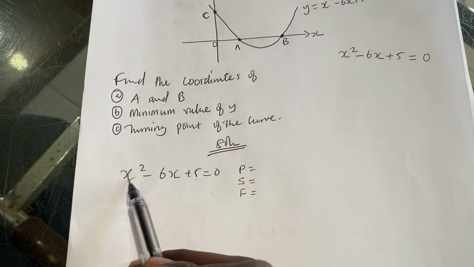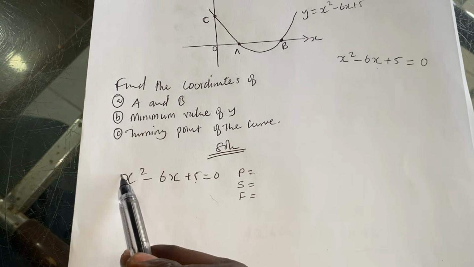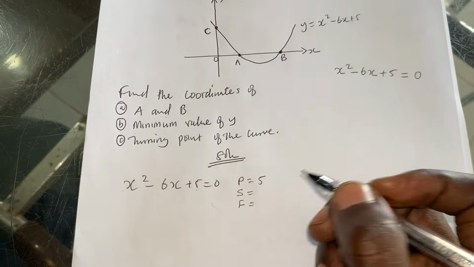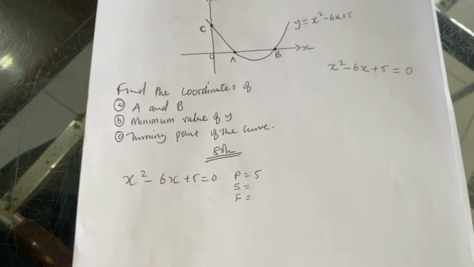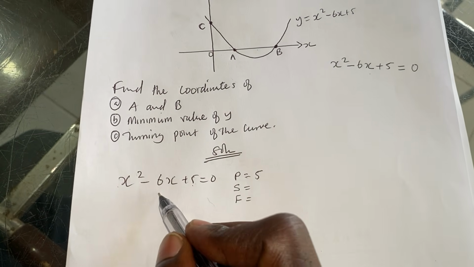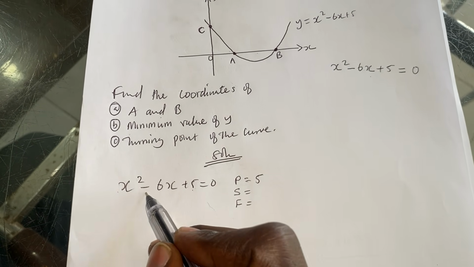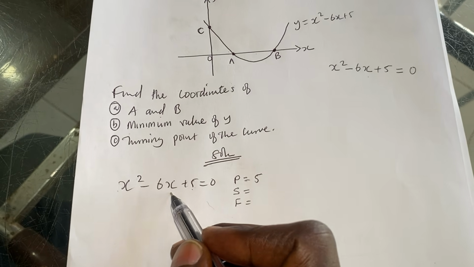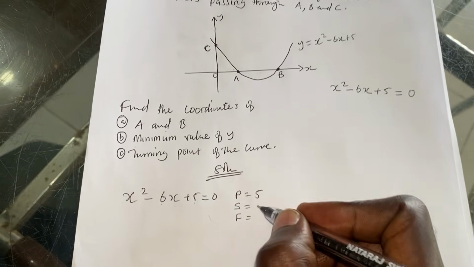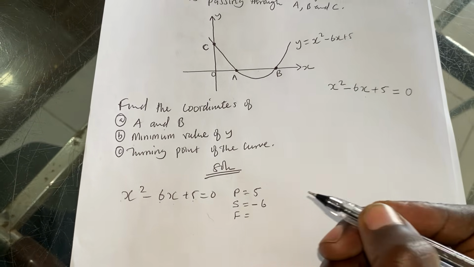The coefficient of x squared is 1, so it will be 1 times 5, which is 5. And our sum is the coefficient of the middle term. The middle term is negative 6x, so the coefficient of x here is negative 6.